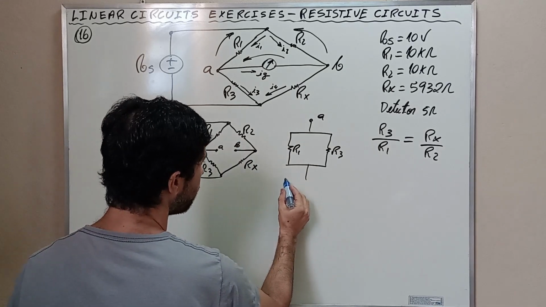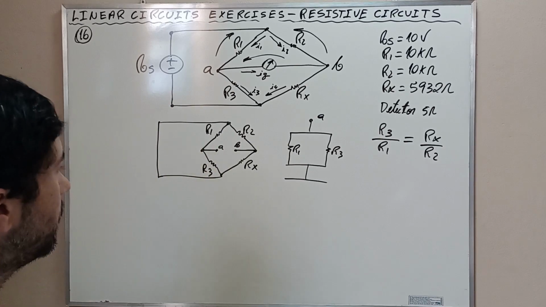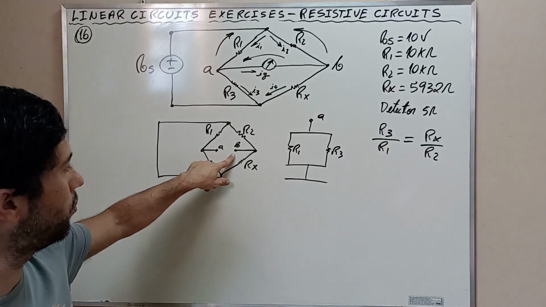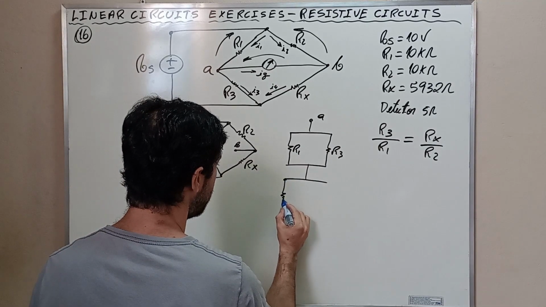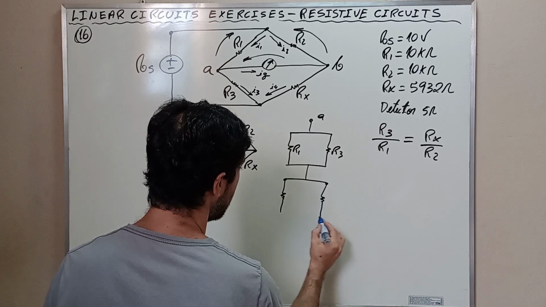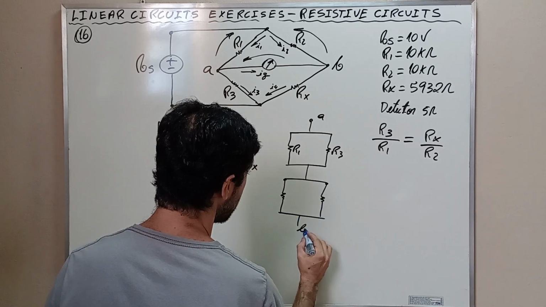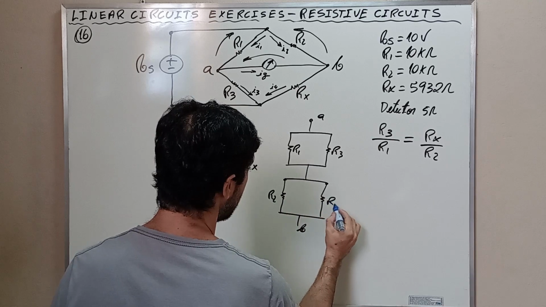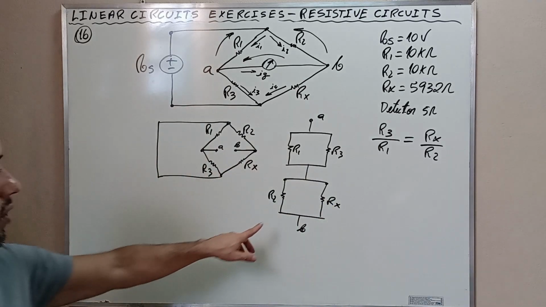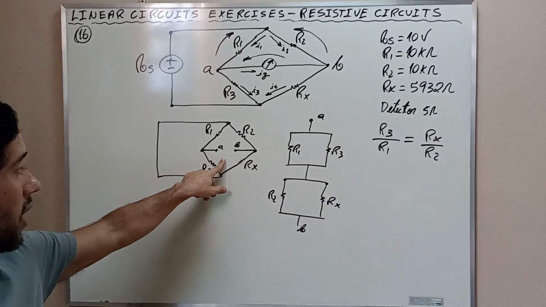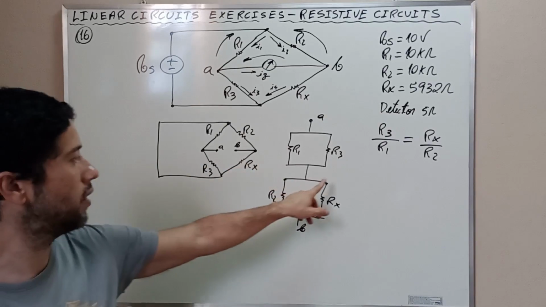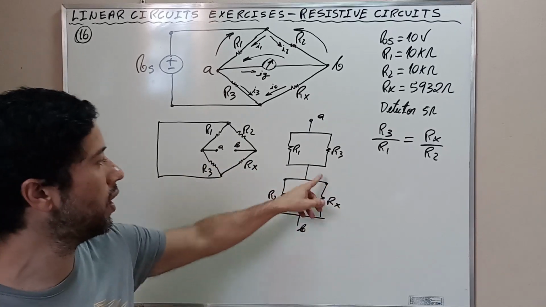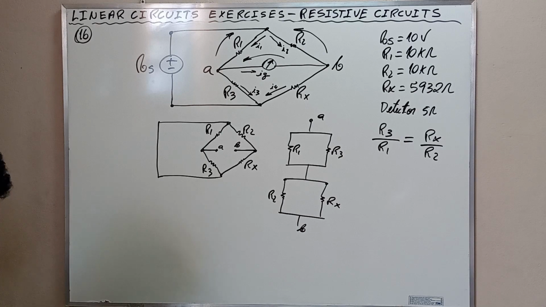And connected to terminal B are R2 and Rx, alright? R2 and Rx. Okay, this is an alternative way of seeing this because sometimes it is difficult to see in this way. And if you redraw it in this way, maybe sometimes you're going to be able to see it in a better way. So what do we have?